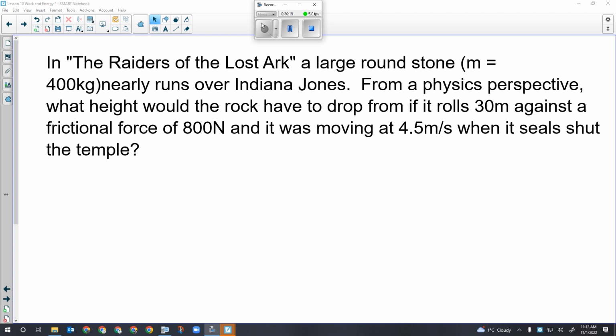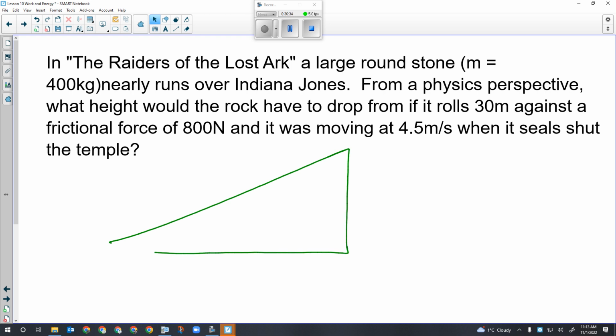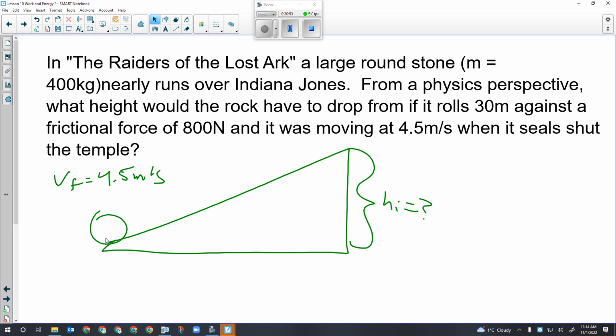Basically, at the bottom of the ramp, it was moving at 4.5 meters per second, and it rolled a distance of 30 meters. So really, it's just an inclined plane like we've been dealing with. It's just this time we know VF. All the other ones, we've been asked to find VF. Here we know VF is 4.5. What we don't know is the initial height.